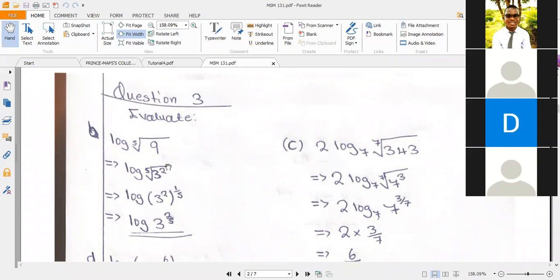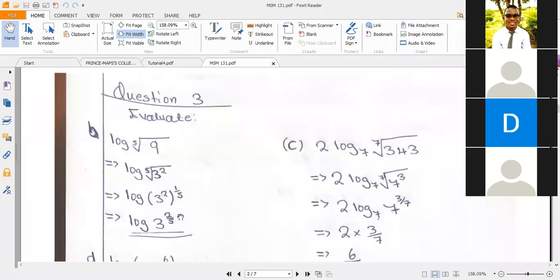So the fifth root of 3 to the power 2 is the same as 3 to the power 2, in brackets, raised to the power 1 over 5. Then if we expand, we'll have 2 times 1 over 5. So it will be log 3 to the power 2 over 5.